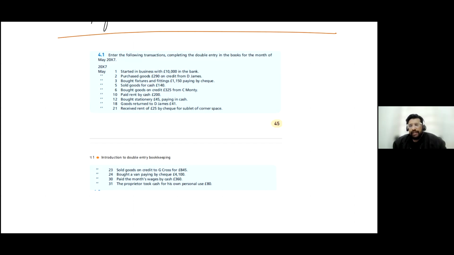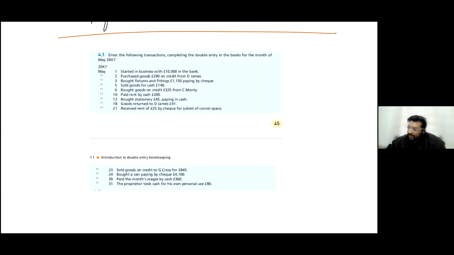So fixtures and fittings are an asset. So fixtures and fittings debit and bank credit. Okay. Sold goods for cash, sales credit, cash debit. Bought goods on credit, so purchases debit, and C Monte, which is a liability, that would be credit.